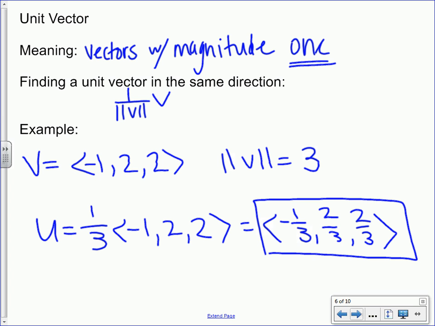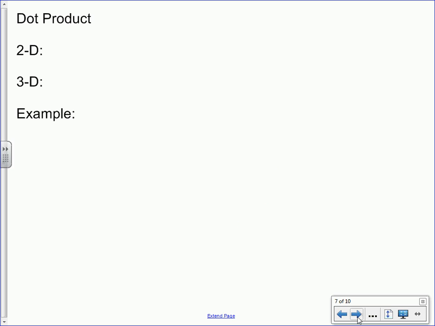3 more slides. Can you handle it? This one's easy. Dot product. Let's remember what it was like in 2D. If we had our vector v, and we were taking the dot product with our vector u, then what would we do?